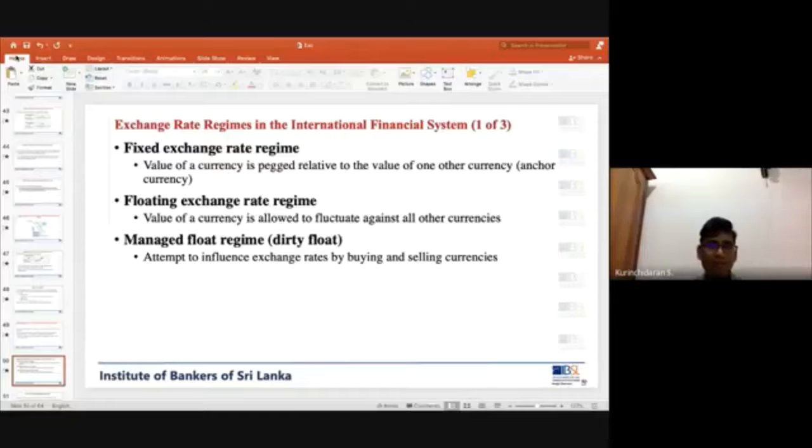Then what will happen? If the volatility is very high, the economic agent cannot make decisions whether to buy or not. Today there may be one price and tomorrow another price. If you are going to import raw materials from foreign countries, today may be one price and tomorrow another. So economic agents cannot plan how to purchase, what to purchase, how much to purchase, what to sell, and what the selling price is.